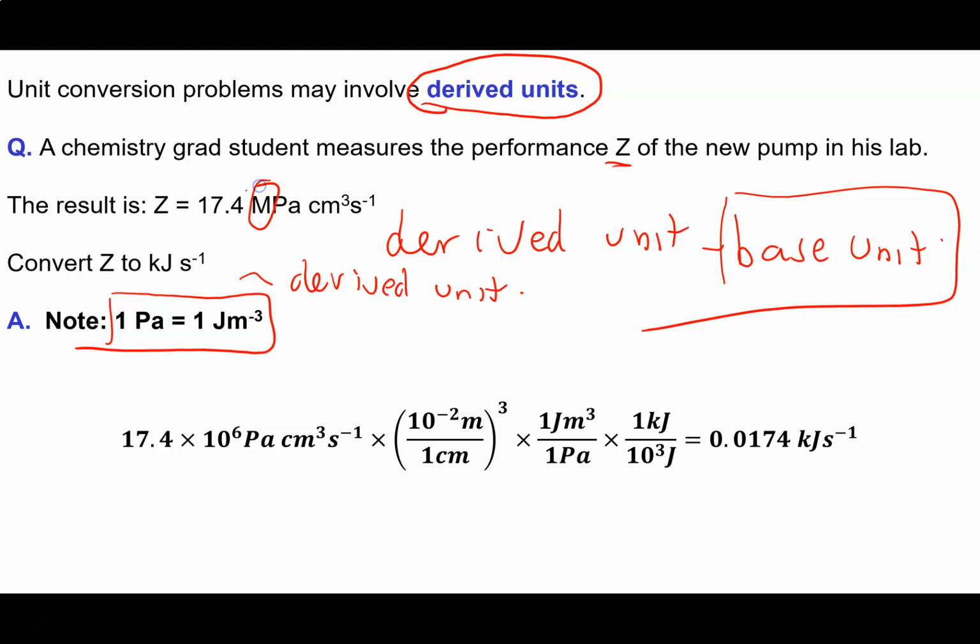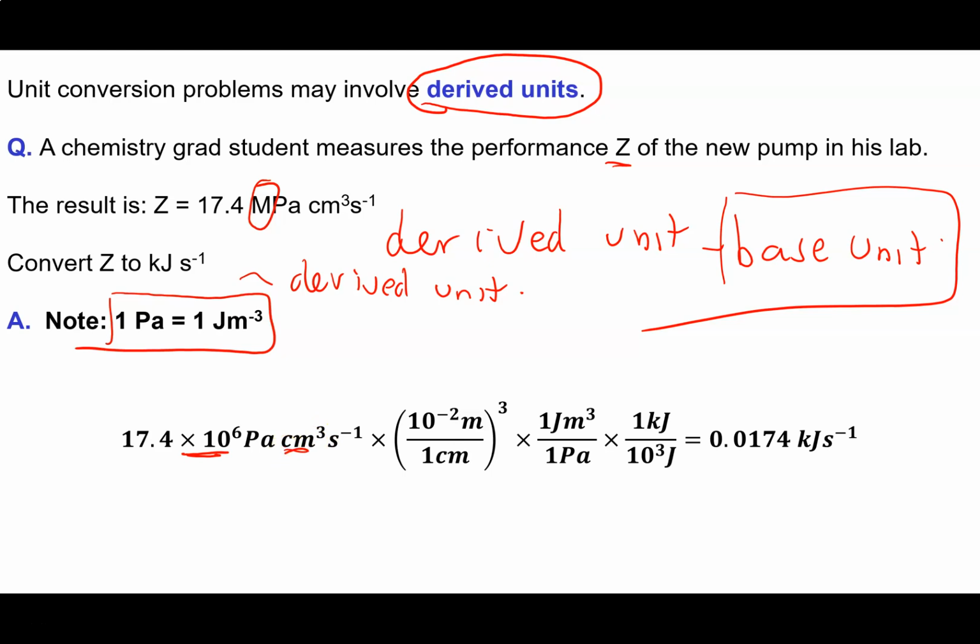So the first thing I did to begin solving this problem was I recognized that I can just replace the uppercase M there, which is the decimal prefix meaning mega, with the mathematical meaning, which is to multiply my number by 10 to the 6. So I got rid of the M. And then the second thing that I wanted to do was to get rid of my centimeters and turn them into meters, right?